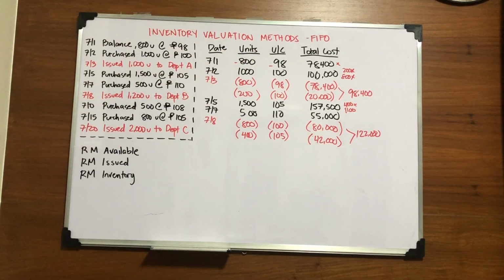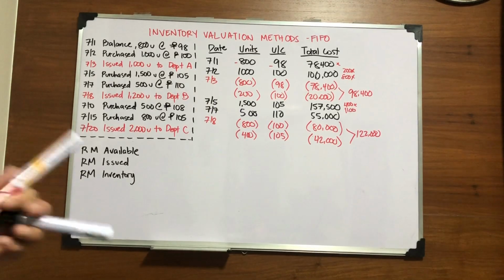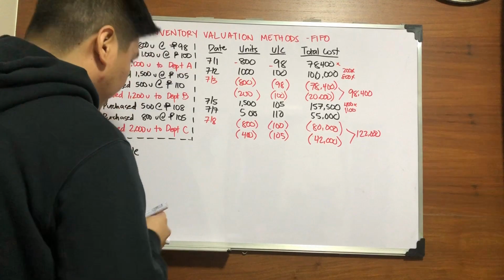The next transactions are your July 10 purchase as well as your July 15 purchase. Let's just record them. For July 10, 500 times 108 gives us 54,000. And for July 15, 800 units times 105 gives us 84,000.